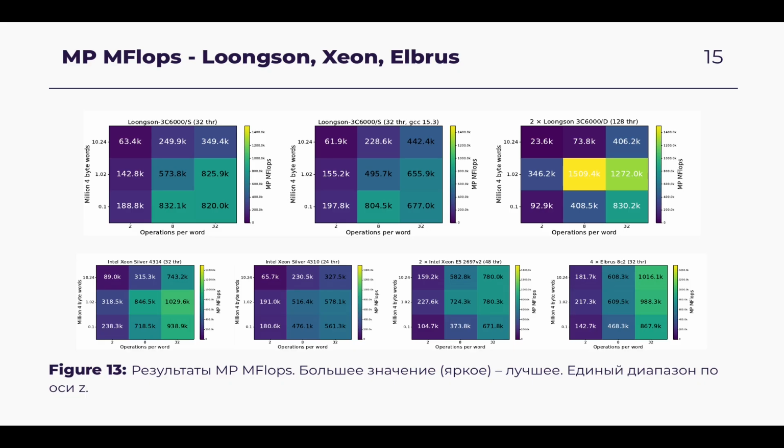And I think that the result for Loongsons is quite good in comparison with Intel Xeons. And I think that for the multi-CPU configuration, the results are better maybe due to more cache and more memory slots to calculate. Next slide.